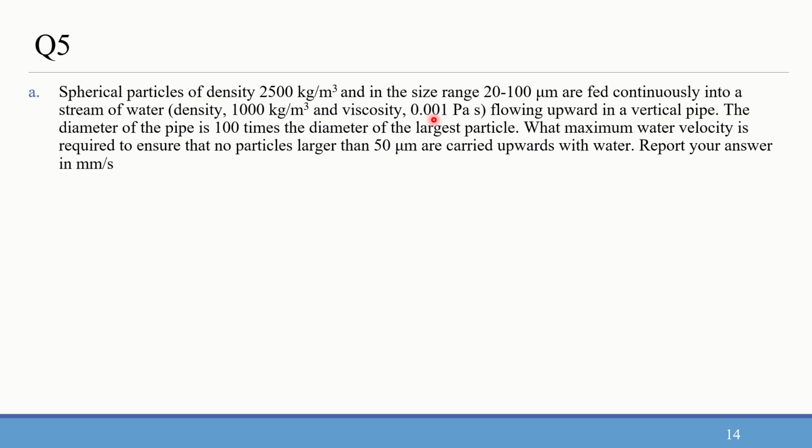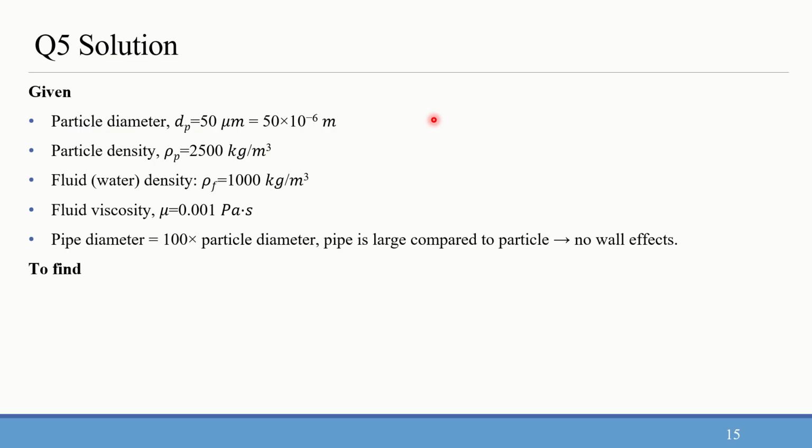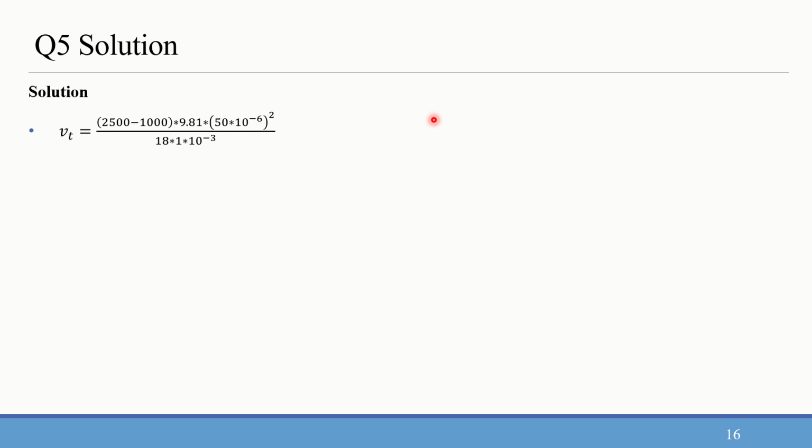So this is the maximum water velocity we require, so that no particles larger than 50 micrometer can be carried upward, because their terminal velocity will be higher than that. We just found out the terminal settling velocity. So it is a very simple, straightforward problem.